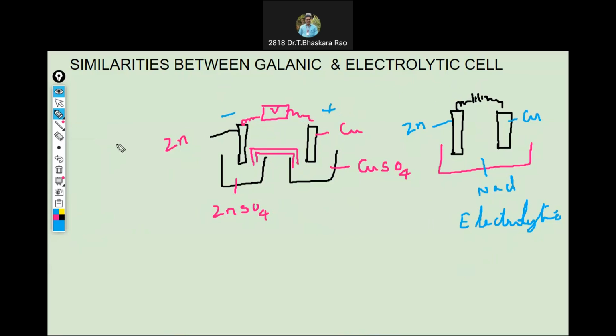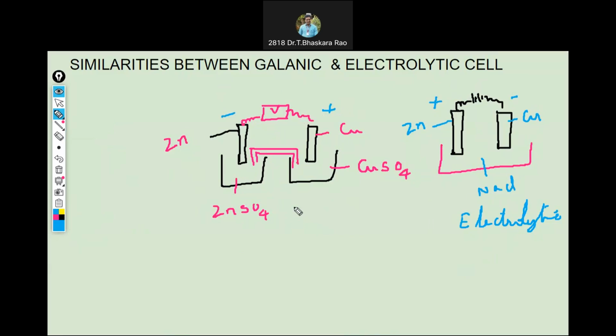Whereas in the electrolytic cell, anode is positive and cathode is negative. How do you differentiate galvanic and electrolytic cells?